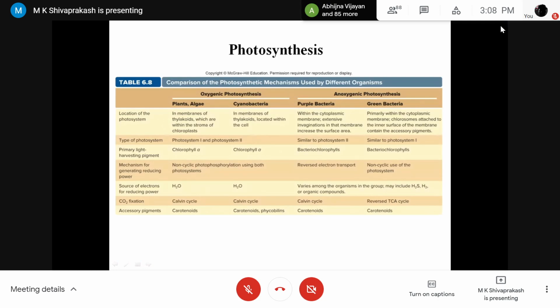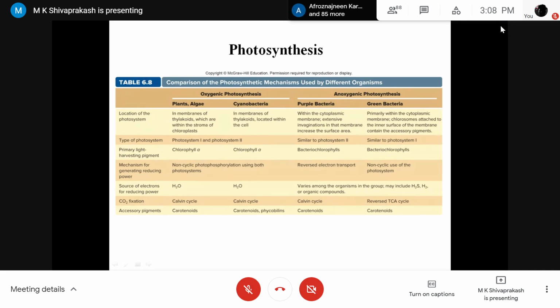And the next is photosynthetic organisms. They are also called photolithotrophs or photoautotrophs, and mainly represented by the plants, the cyanobacteria, that is oxygenic photosynthetic bacteria, and anoxygenic photosynthetic bacteria.